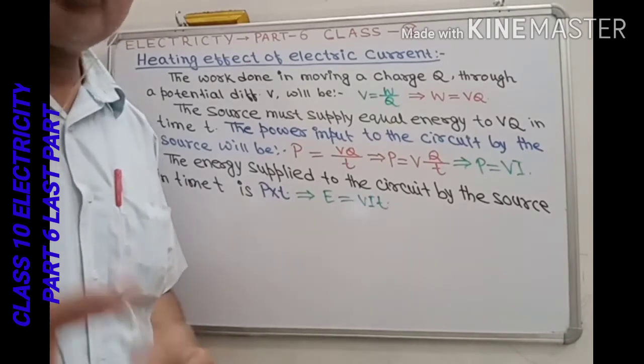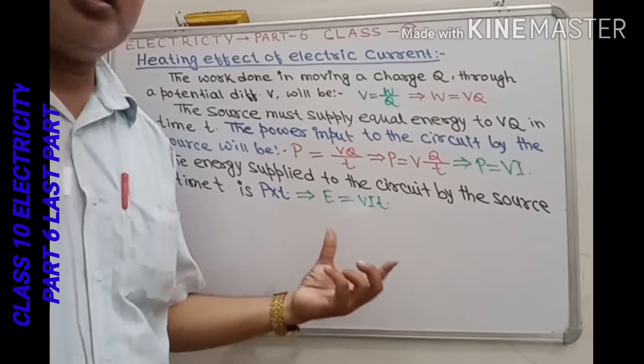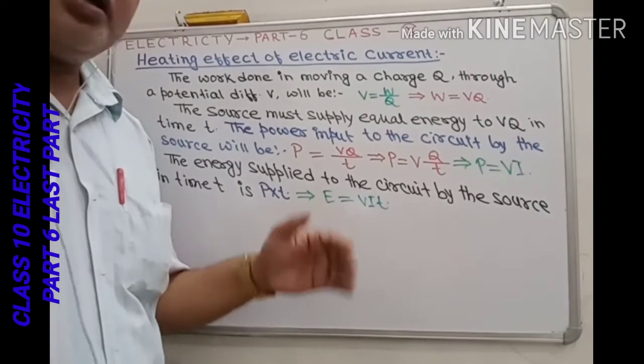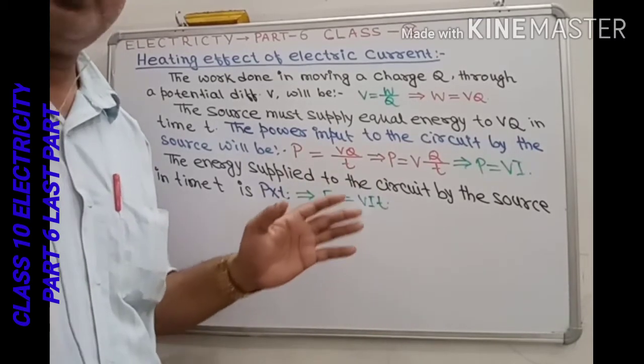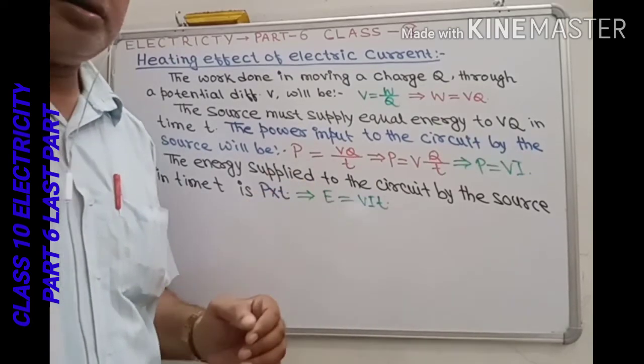So what actually happens to this energy? Where does this energy go? This energy is dissipated in the resistor of the appliances as heat.